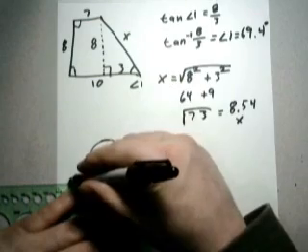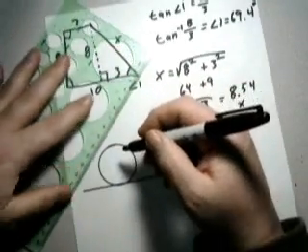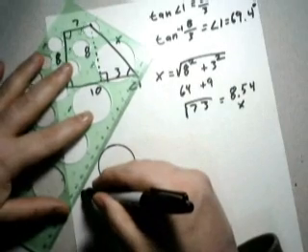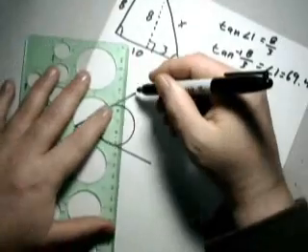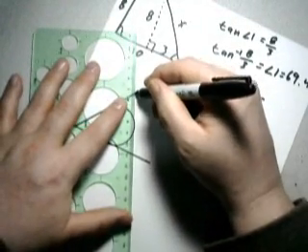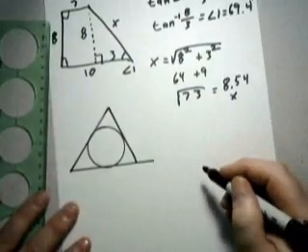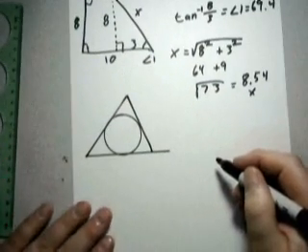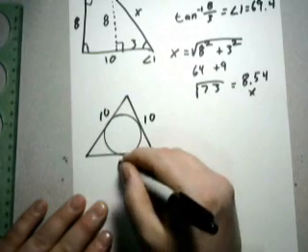Try to do this as best I can. I missed something there. I'll just ignore that part right there. Can't erase it. Okay, so our sides are 10, 10, and 10.